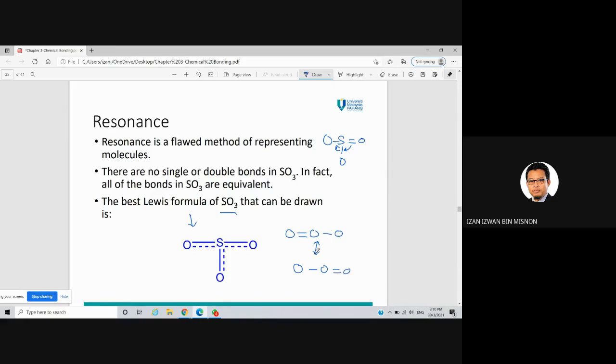So you may draw it using single and double bonds, or you may draw it with a dash-dot bonding. This is to represent that the electrons can be delocalized between each bond.